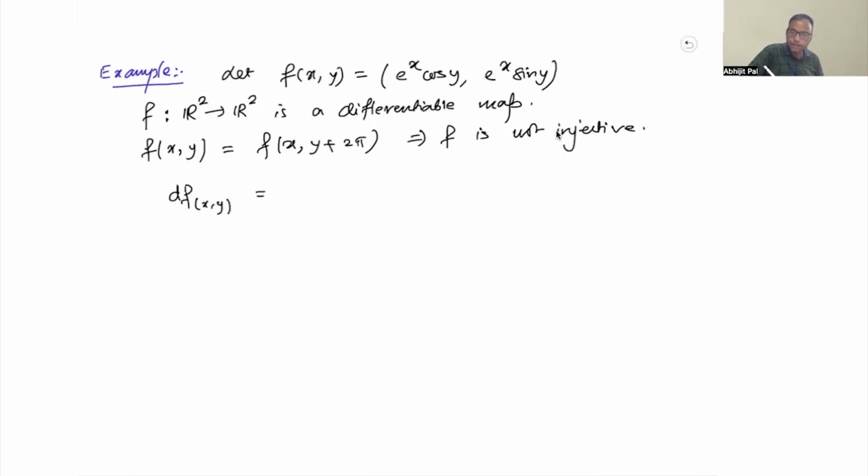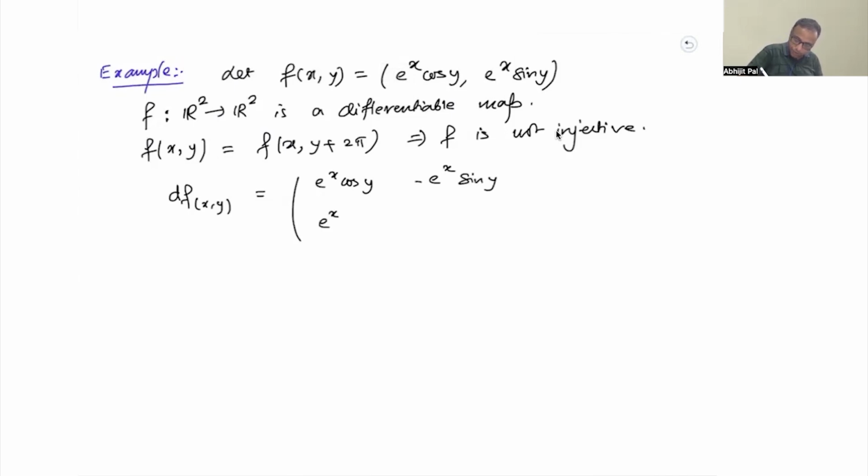The corresponding matrix of this linear map will be: e^x cos y, where you take the partial derivative of the first coordinate with respect to x, and in the second entry, the partial derivative of the first coordinate with respect to y, which is minus e^x sin y.